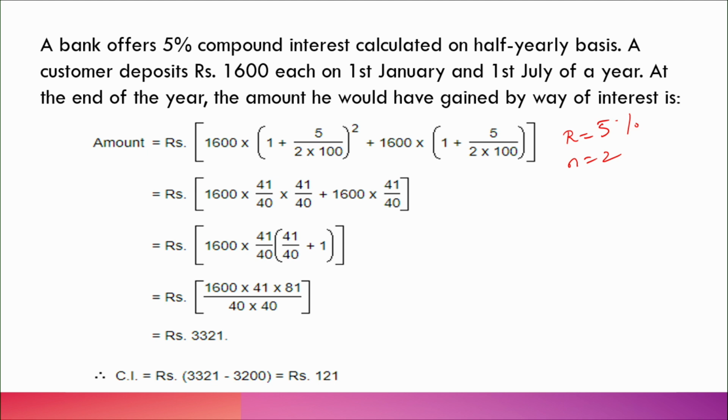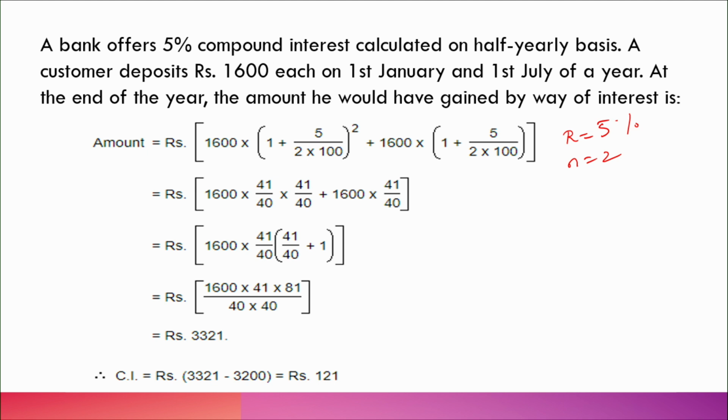The customer deposits 1600 rupees each on 1st January and 1st July of every year. So, the customer deposits 1600 rupees in 1st January of a year. After 6 months, on the 1st July of a year, he will deposit 1600 rupees once again. Okay. At the end of the year, the amount he would have gained by way of interest.